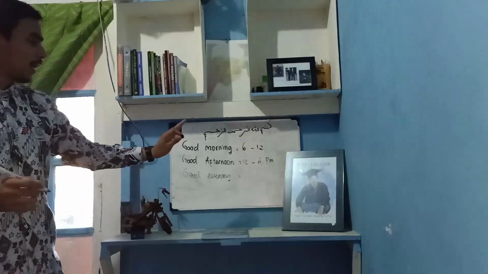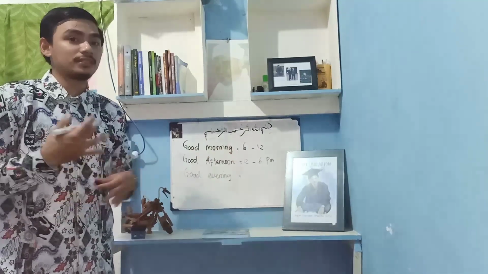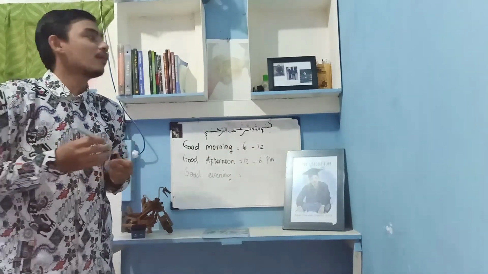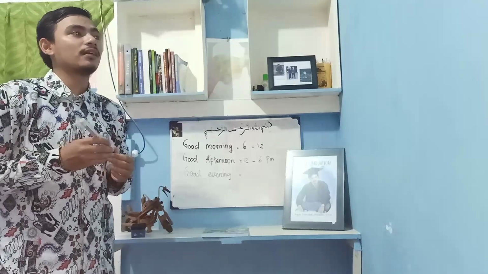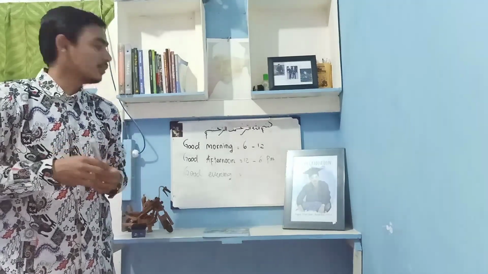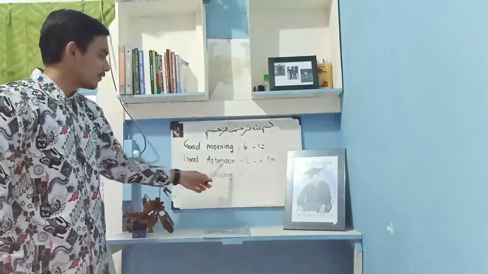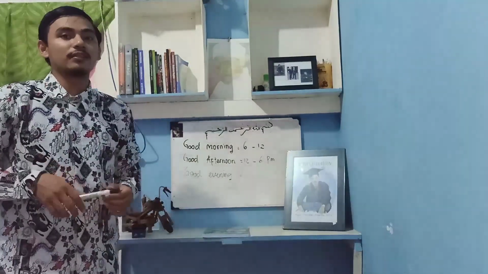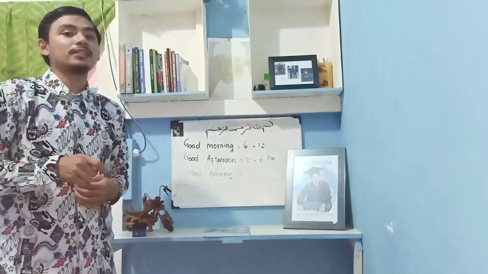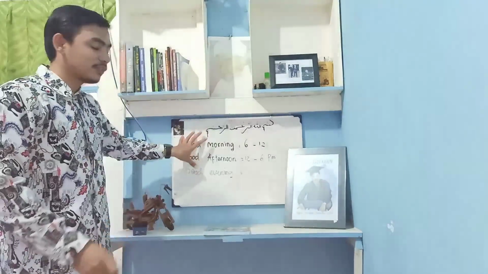This is how to greet someone if you meet someone for the first time, or if you just say hello to someone: good morning, good afternoon, and good evening. Because it's still morning, so you can say good morning. So this is the first one.